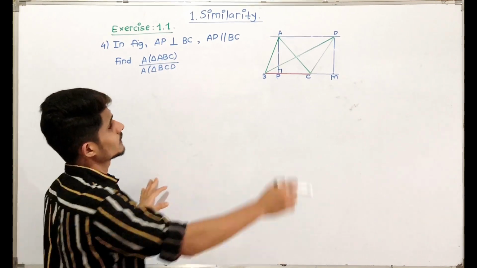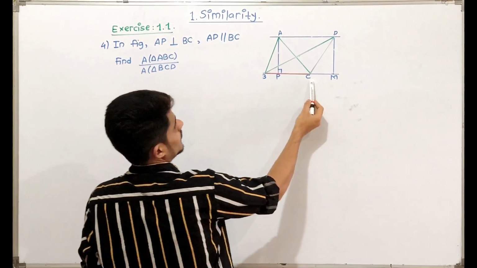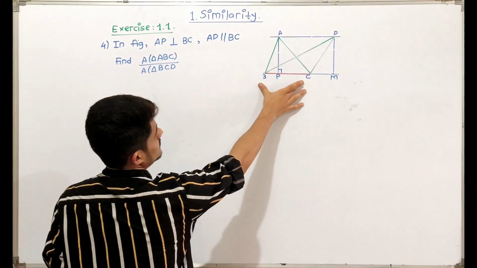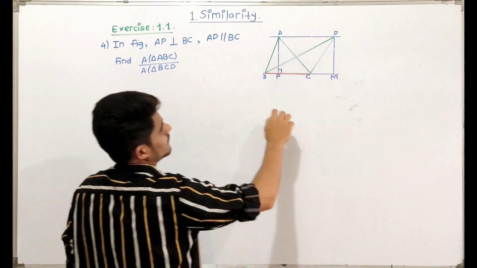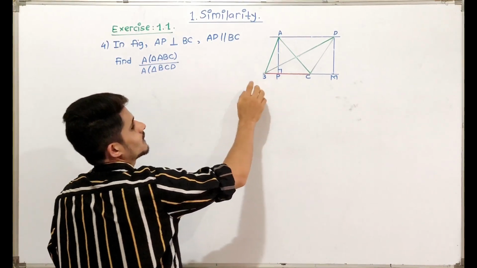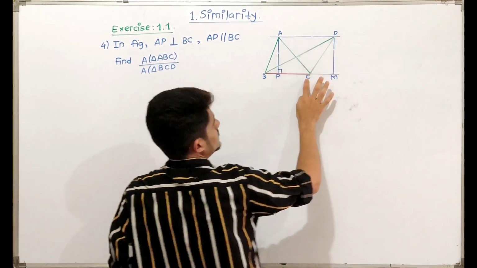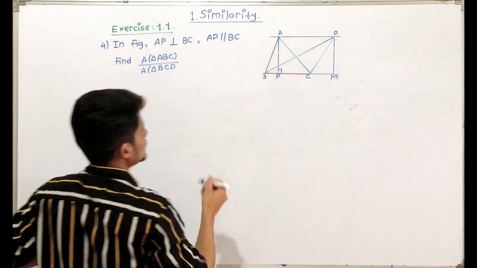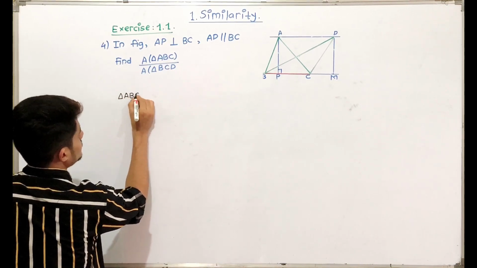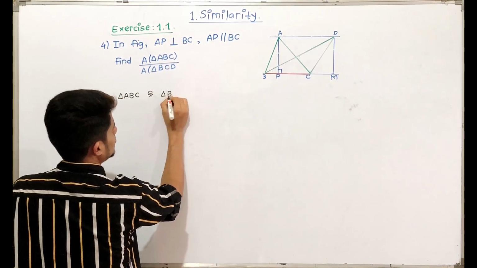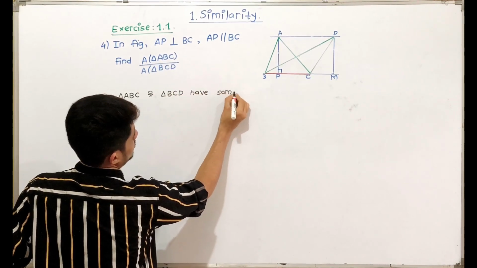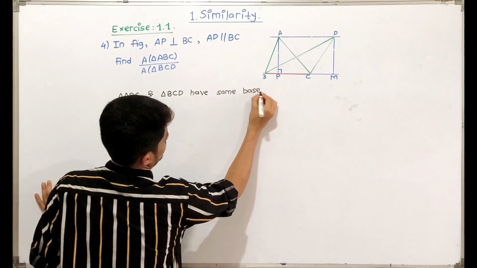Now if you see triangle ABC and triangle BDC, we have the same base BC for both triangles. The base of triangle ABC is BC, and similarly the base of triangle BDC is BC. So firstly we'll write: triangle ABC and triangle BCD have the same base BC.